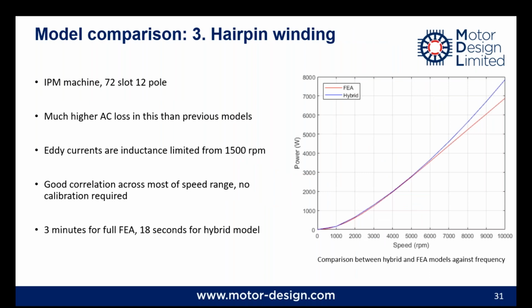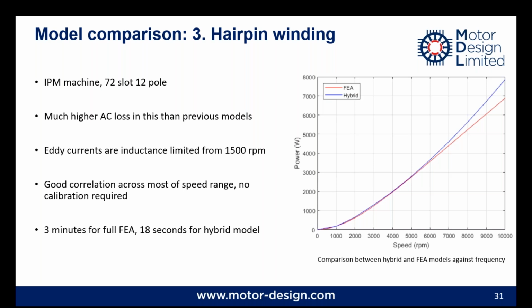Okay. And then the final machine design is a hairpin winding. So again, we have a 72 slot, 12 pole machine. We've got really large AC loss in this machine, but it's not uncommon from machines that we see in industry. I think the use of these machines really depends on the specific driving cycle, or duty cycle, of the machine.